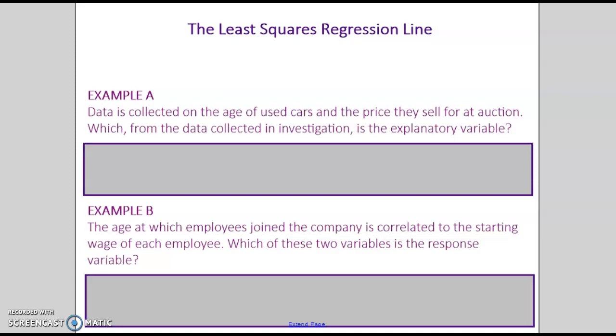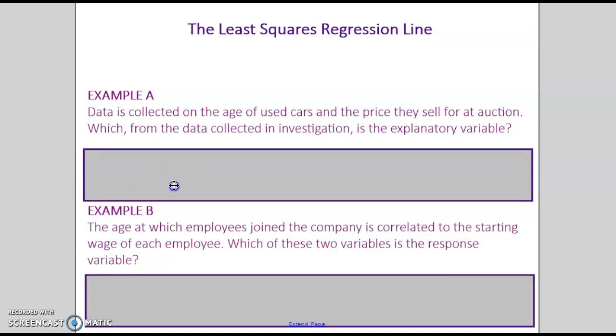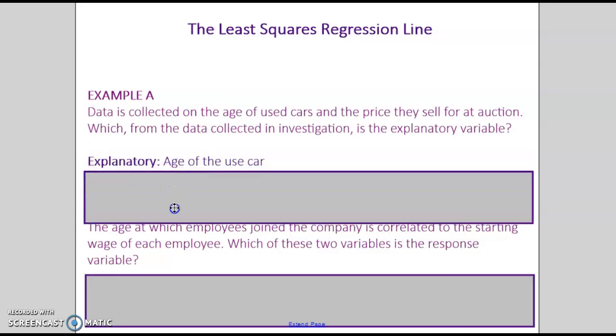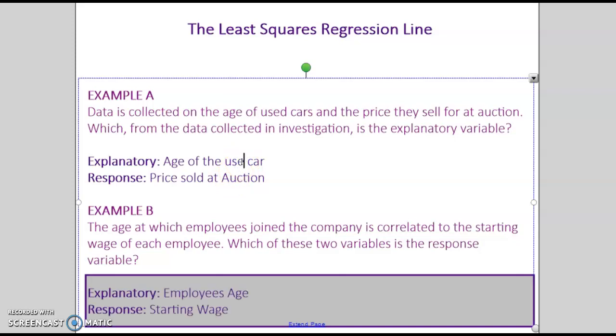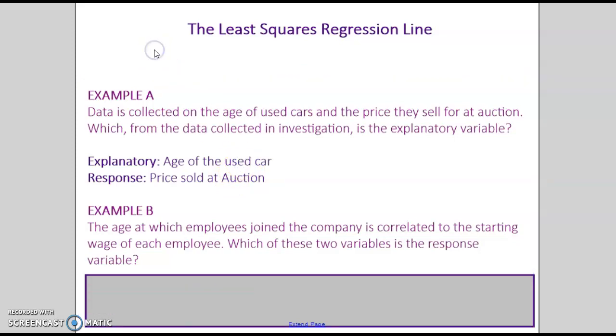I can see what the response is at the auction. So the explanatory variable in this question would be the age of the used car. And then in turn, that means that the response variable would be the price sold at auction. So hopefully you can see from the context that the one that explains the price is the age of the car.